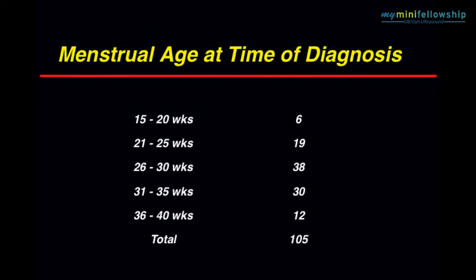Indeed, we can see among these 105 fetuses that we studied with polyhydramnios, and I will refer back to this study in a number of slides during this lecture, that you can see polyhydramnios from the beginning of the 2nd trimester all the way through the end of the 3rd trimester. Now, these were the earliest sonograms at which polyhydramnios was diagnosed.